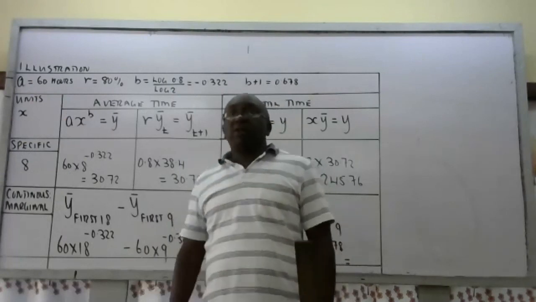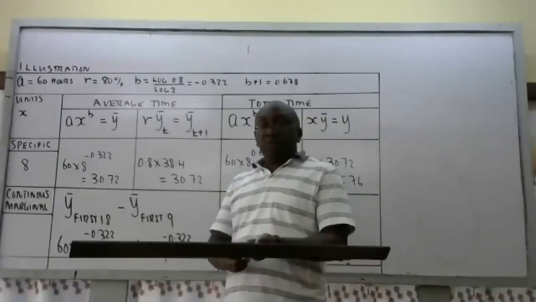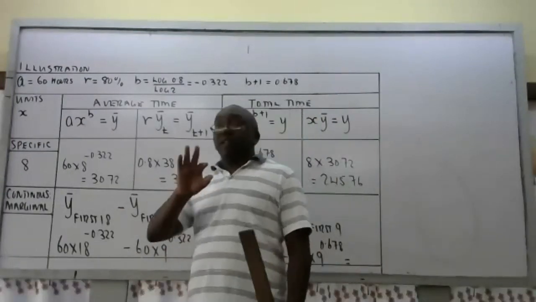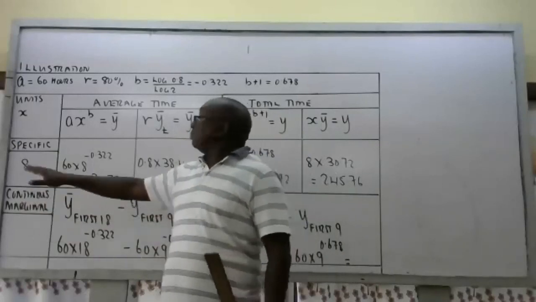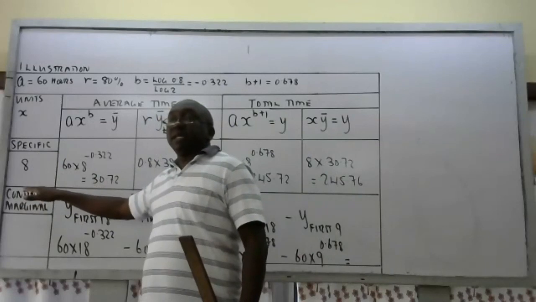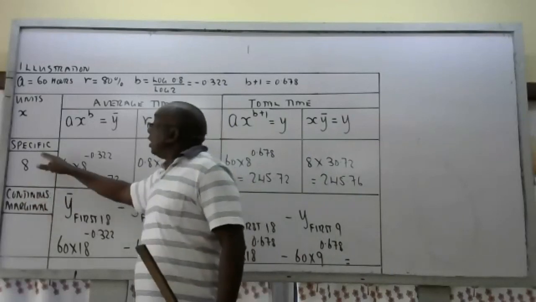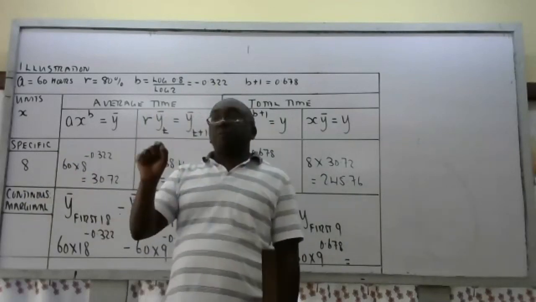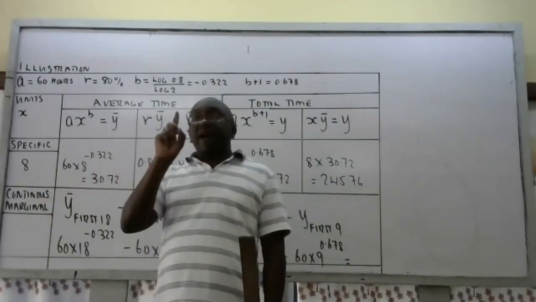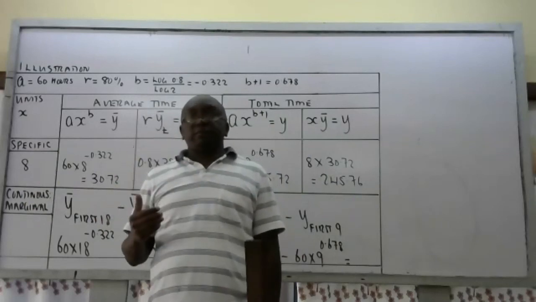Let me explain it though, because this will also be very, very much applicable in computations. You can see I've given you 3 divisions. One we have called specific, another we have called continuous interval, and another we have called continuous margin. Now something is specific if the first unit to be made is among the units that you are computing for.